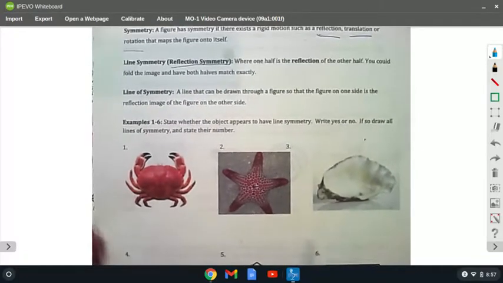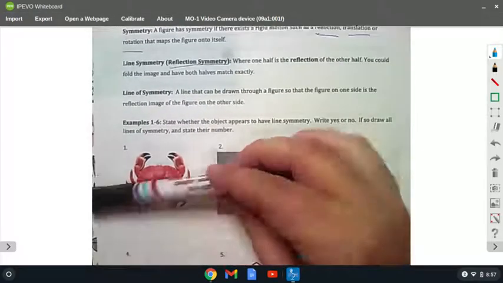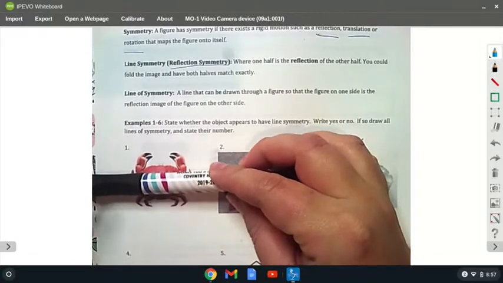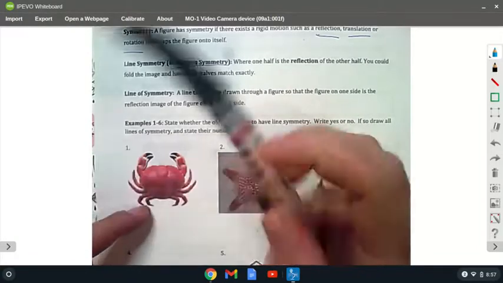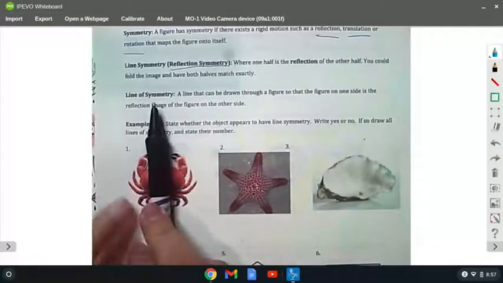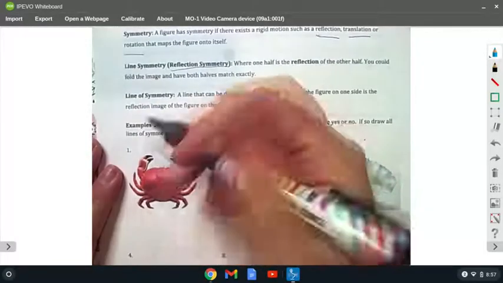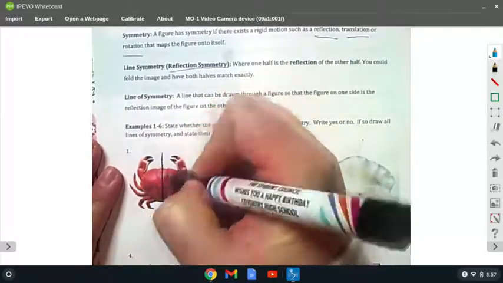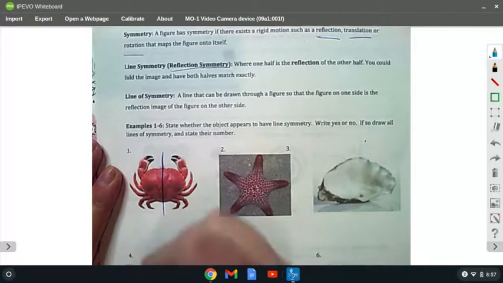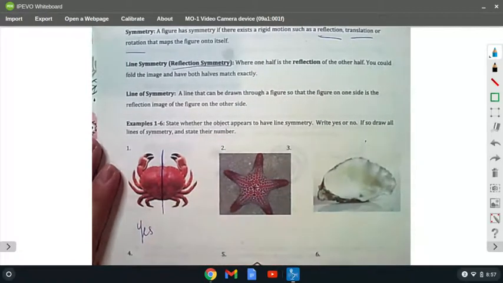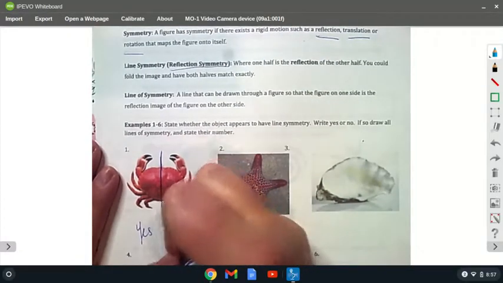So if I look at this crab, if I cut it in half this way, there's different claws on the top and the bottom. However, if I cut it this way, I see two mirror images. So this can be a line of symmetry. Yes, it has a line of symmetry, and there's only one line.